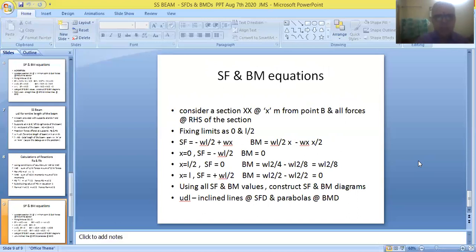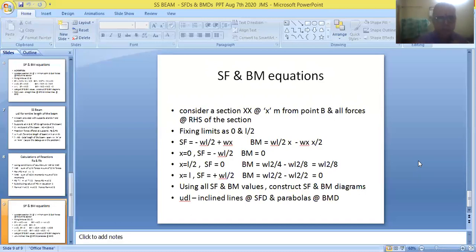We are considering a section XX at X meter from point B, and we have to consider all the forces acting on the right hand side of the section, and we are fixing the limits. Now there are no additional forces coming in the second portion, so the limits can be straight away fixed as 0 and L by 2.